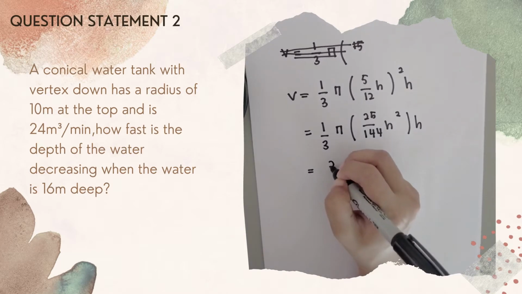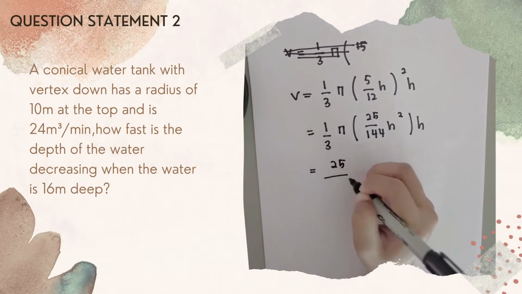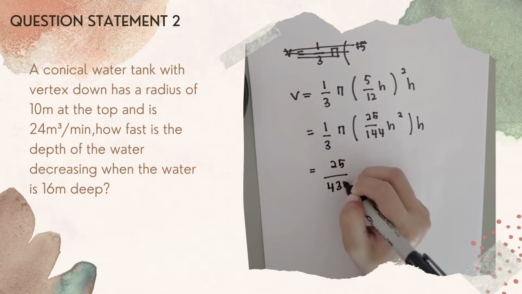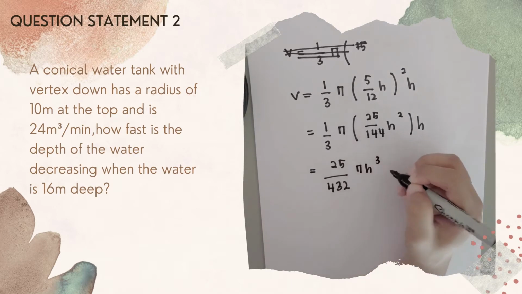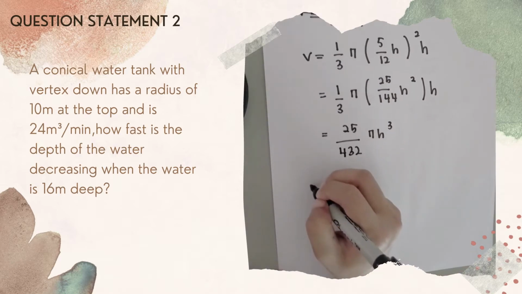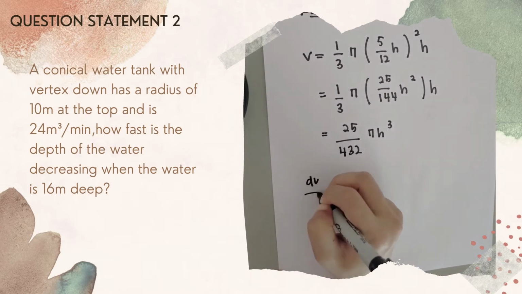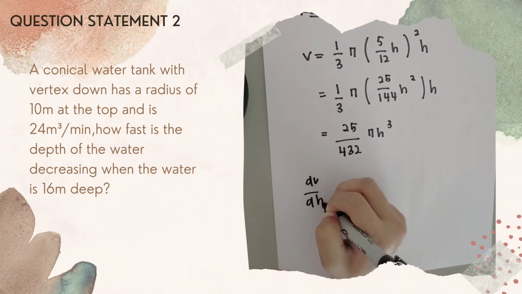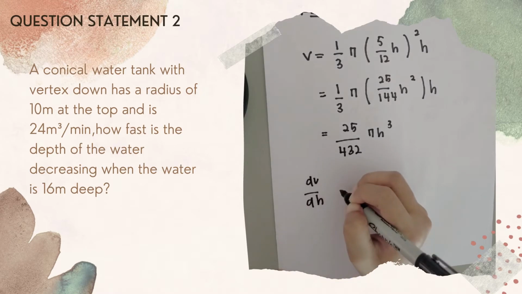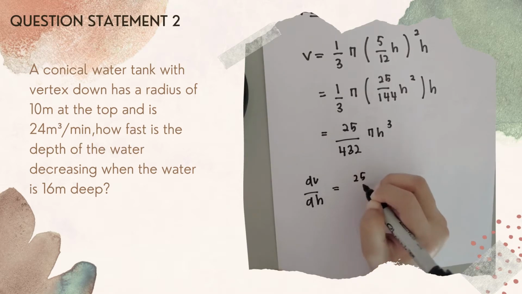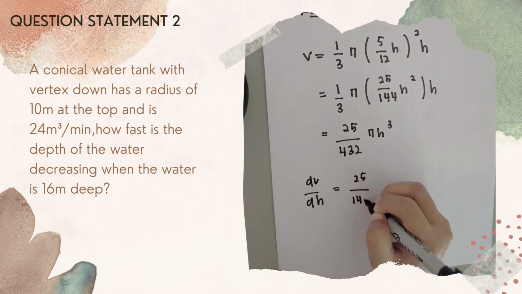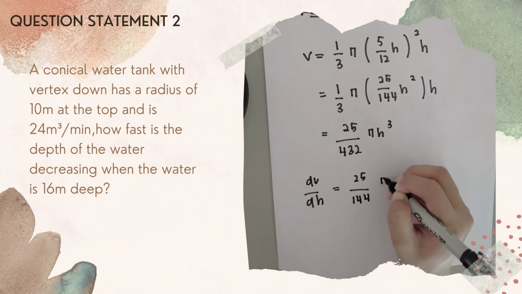And after we expand the h, we will get 25 over 432 pi h cubed. After that, we apply differentiation to differentiate the volume, and we get dV over dh equal to 25 over 144 pi h squared.